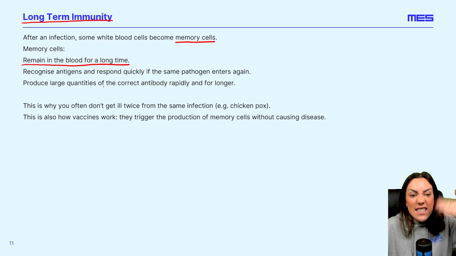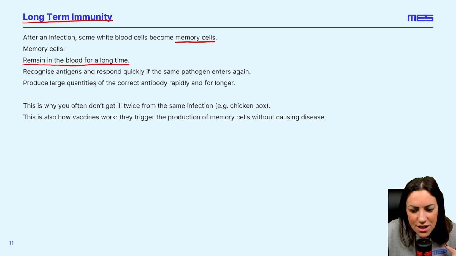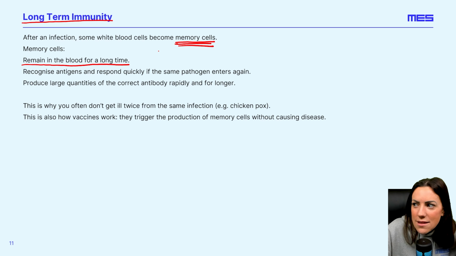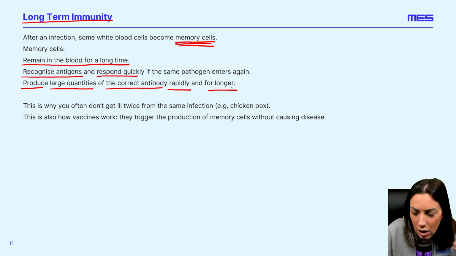And if the same pathogen with the same foreign antigens enters your body again, memory cells can recognize the antigens. Oh, I've seen that antigen before. They recognize the foreign antigen and they can respond quickly. And the benefit of this is you will now produce large quantities of the correct antibody rapidly and for longer.